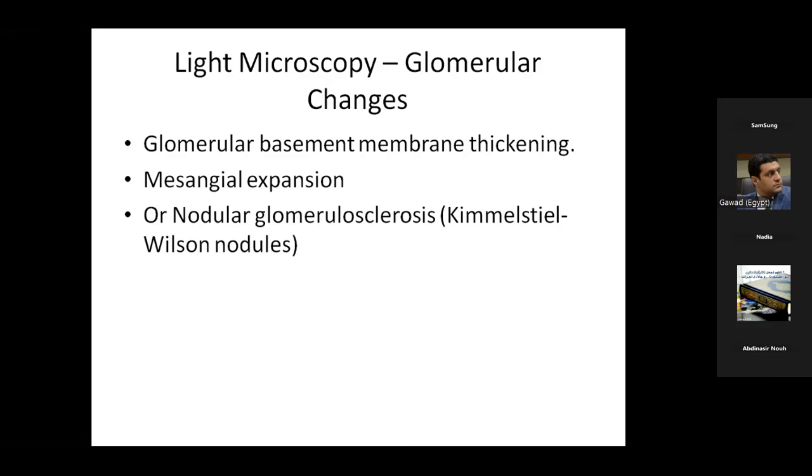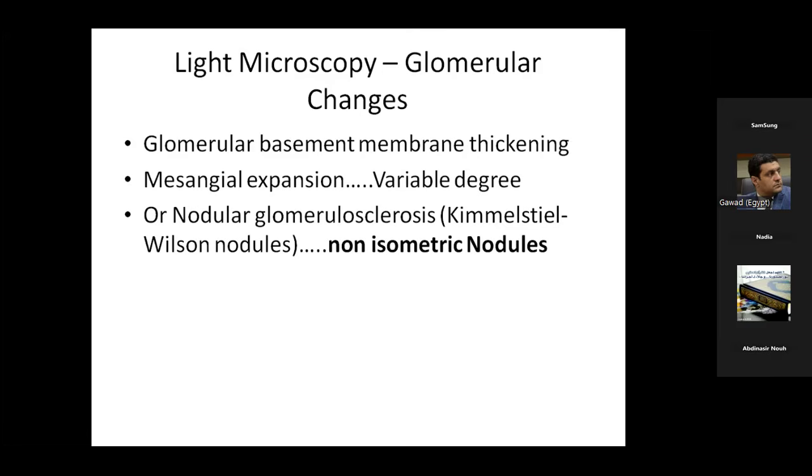So under light microscope, the glomerular lesion of diabetes is glomerular basement membrane thickening, mesangial expansion, or nodular glomerulosclerosis, which is known as Kimmelstiel-Wilson nodule. Mesangial expansion is of variable degrees. It could be mild, moderate or marked.